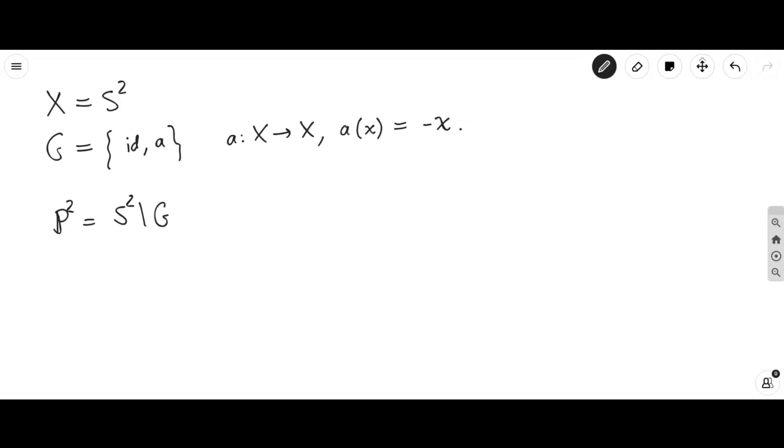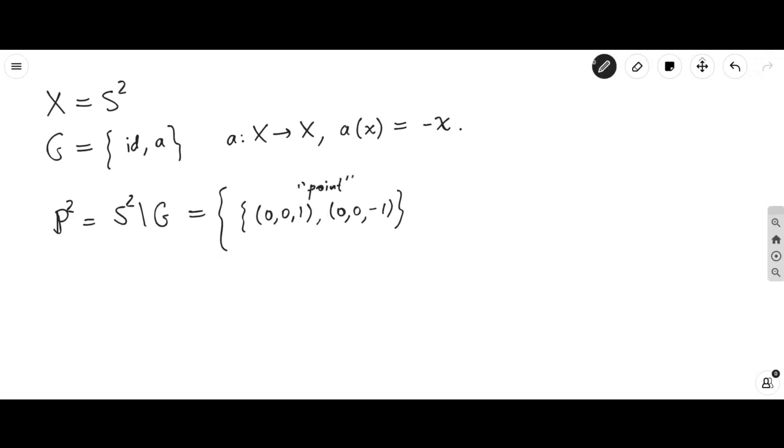So to give you an example, one of the elements in the projective plane would look as follows. Let's say we have the north pole, (0, 0, 1), and (0, 0, 1) would then be equivalent to its antipodal point, (0, 0, -1). So the north and south pole are being put into the same equivalence class. So this entire pair is a point.